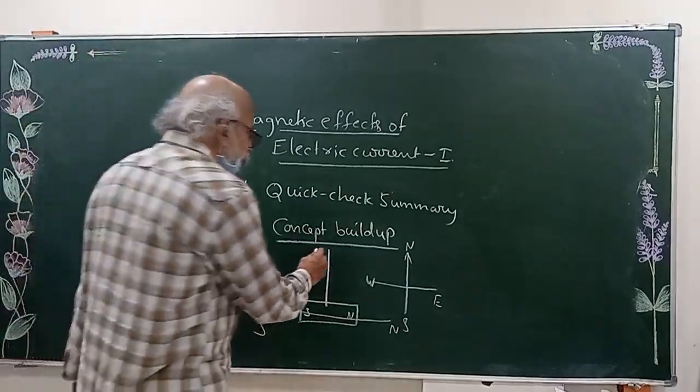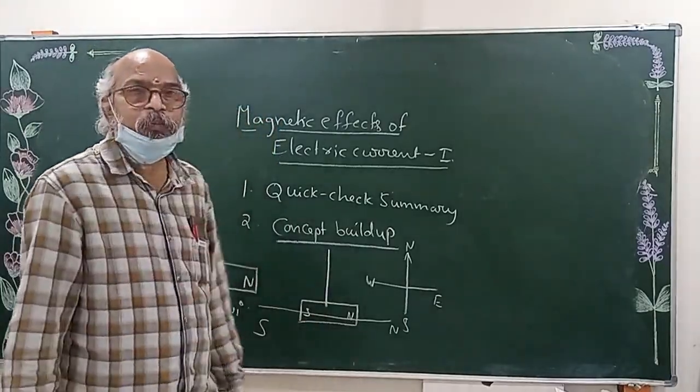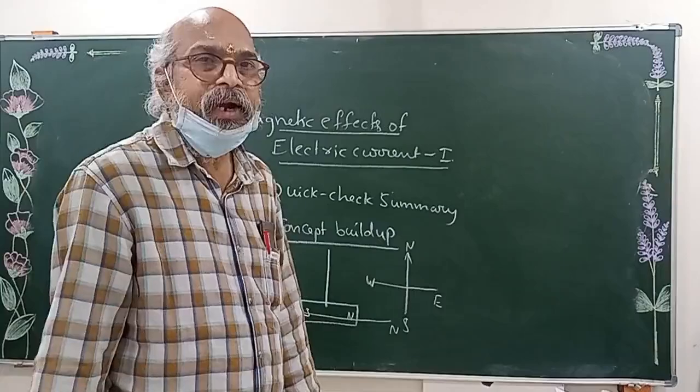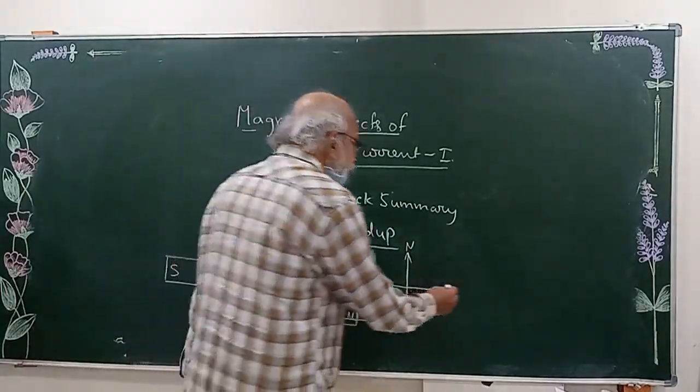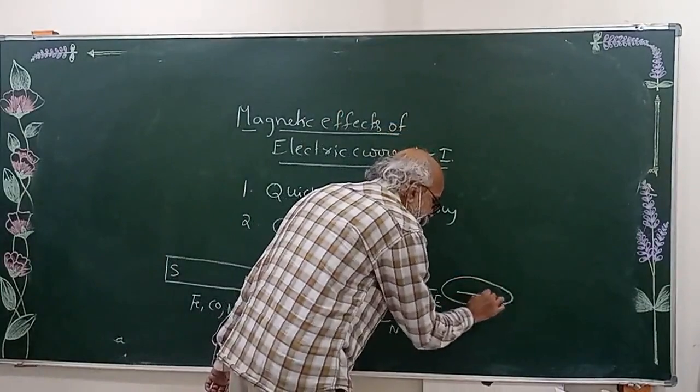Number two, replicating this effect, what you call the directive property, mankind has exploited this to indicate directions by preparing a compass needle.